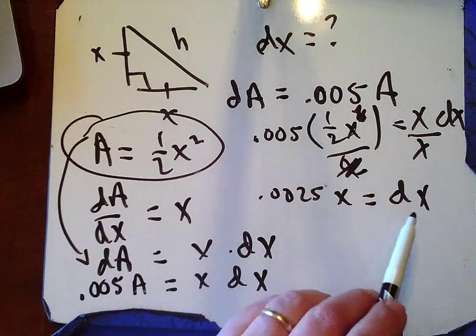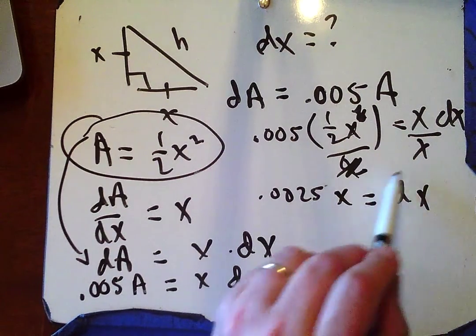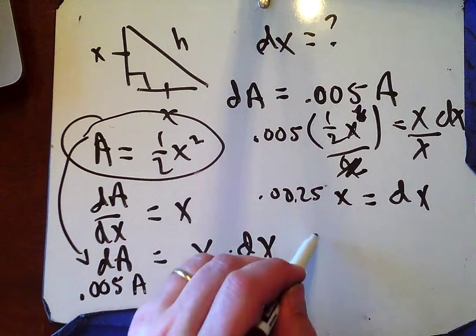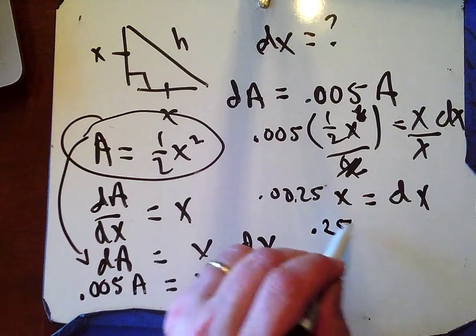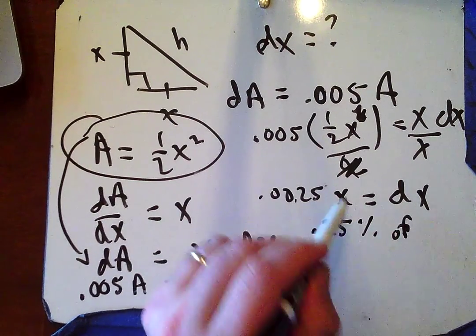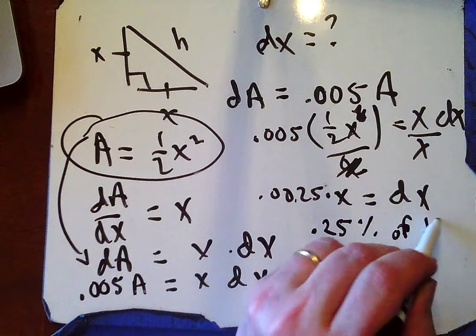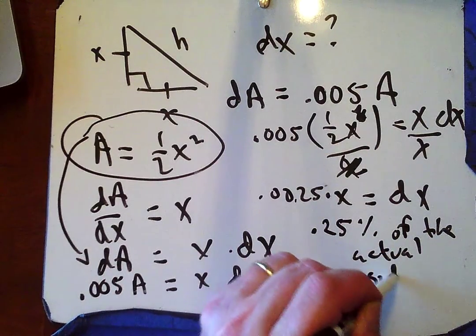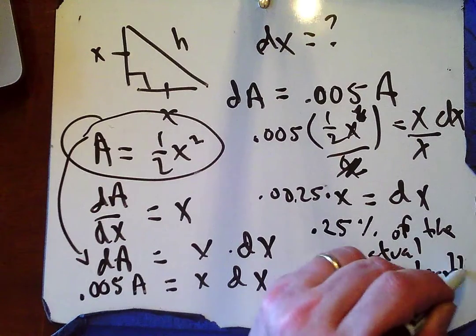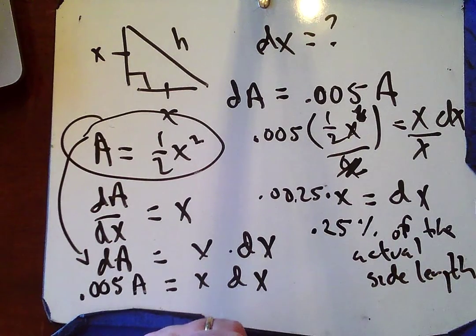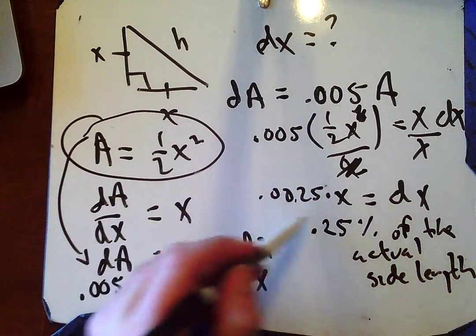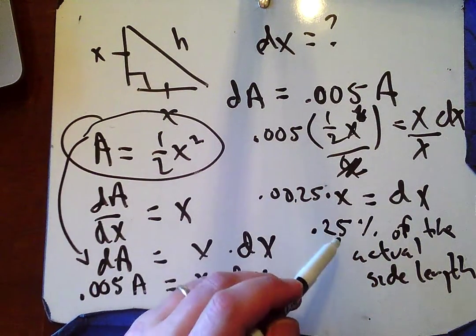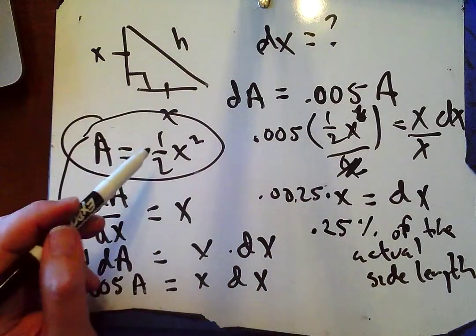Well, I know the error in measuring the side length must be within 0.25% times the actual side length. Right? Right. It's funny how this part about turning this number into a percent is often the hardest part for people who've gotten this far.